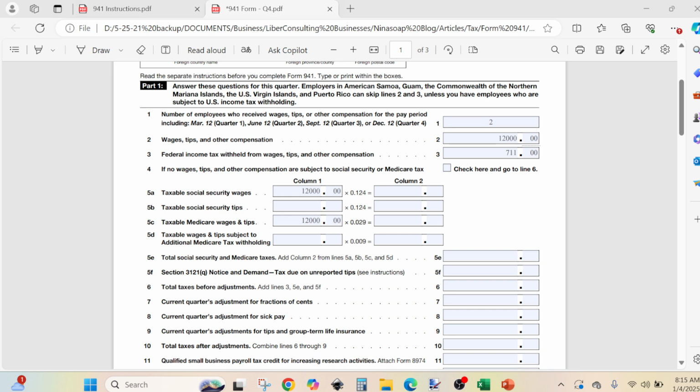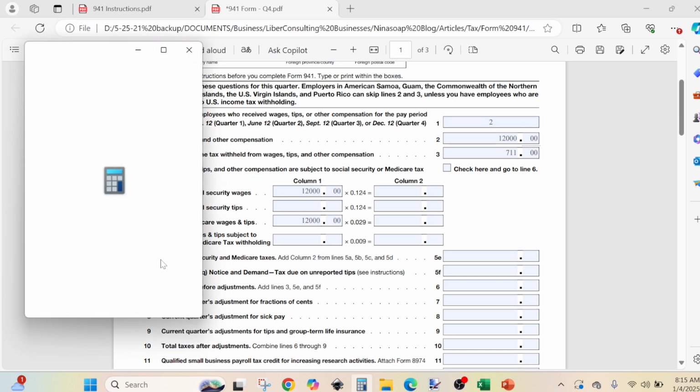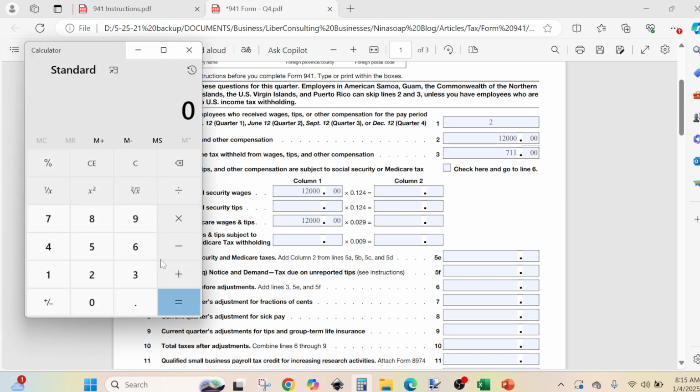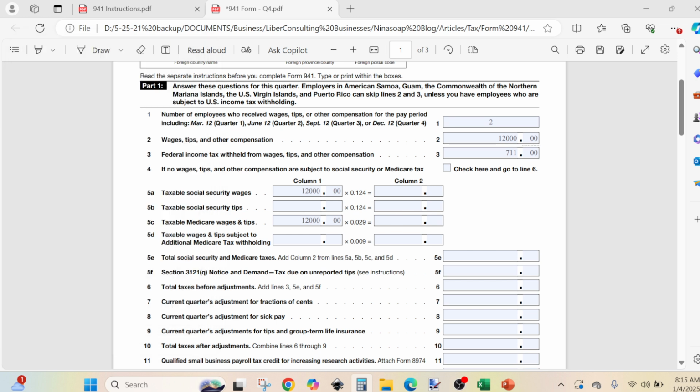So we are going to open a calculator. $12,000 times 0.124 is 1,488. 1,488, and the cents is going to be 0.